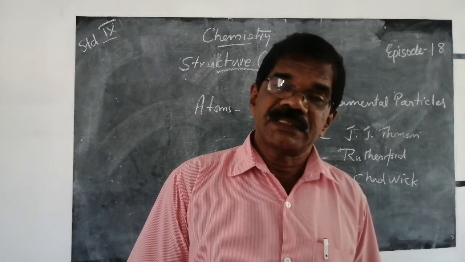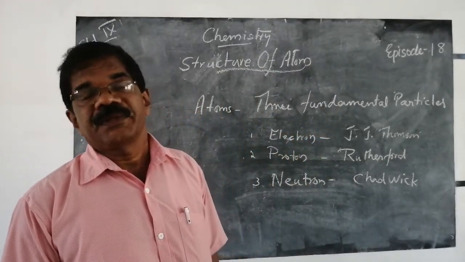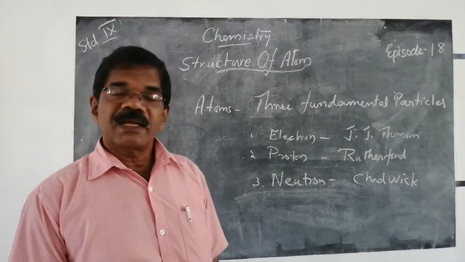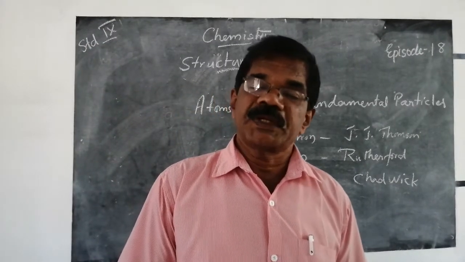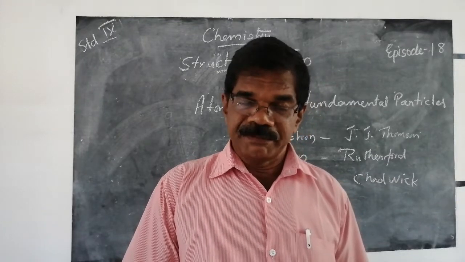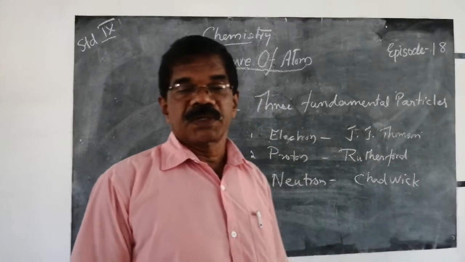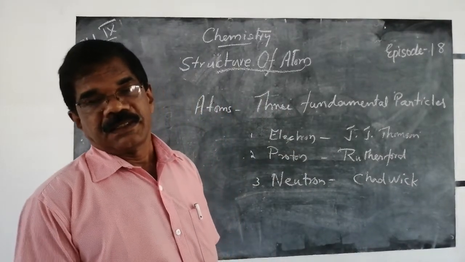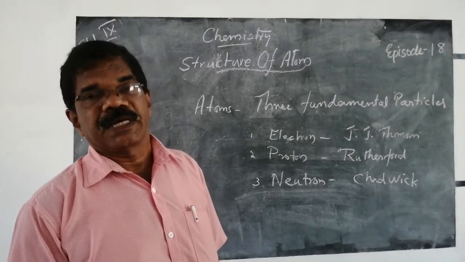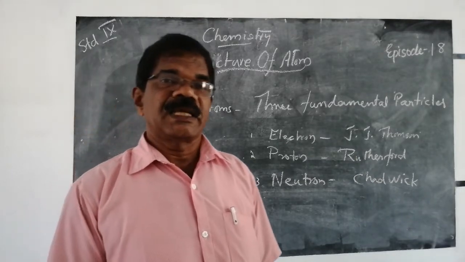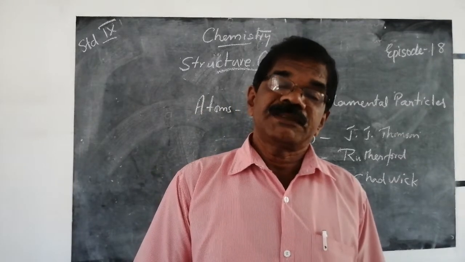These 2 attempts by the scientists J.J. Thomson as well as Rutherford failed. They could not explain the properties of the atom. Later came the scientist named Niels Bohr. He put forward the model of atom. Nowadays we are following this Bohr model of atom. Bohr model means Niels Bohr model.